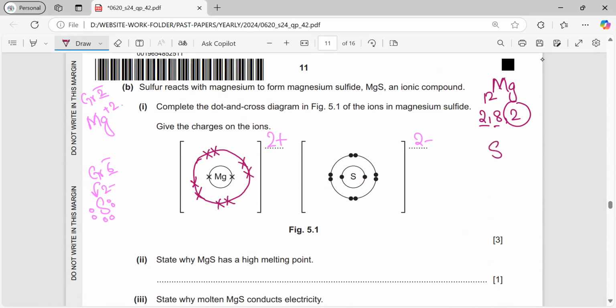And as for sulfur, its atomic number is 16, which makes it 2, 8, and 6. So it has 6 electrons in the outer shell, and it gains 2 electrons from magnesium. So the first 2 shells are already made. We'll make the third shell with 6 electrons of sulfur. We'll make 6 electrons with dots.